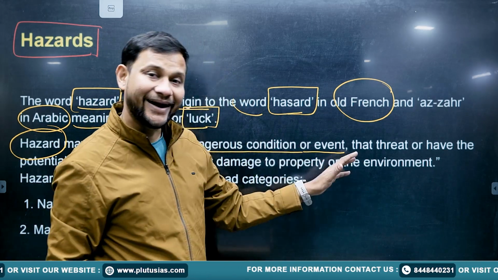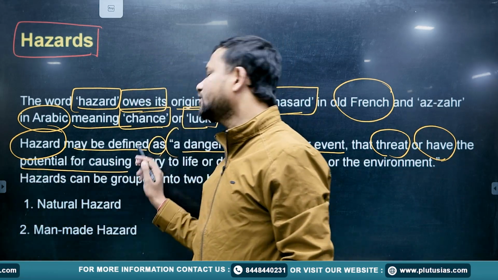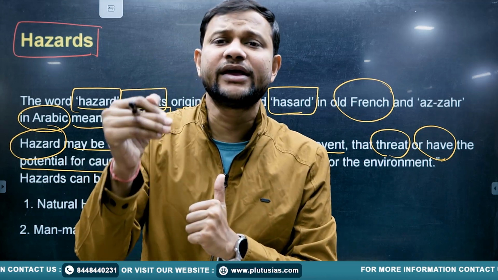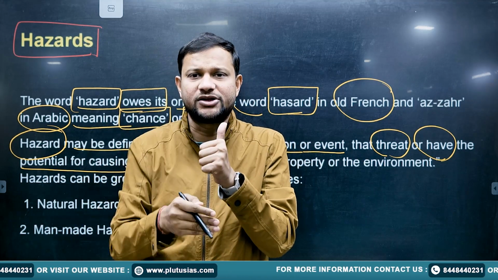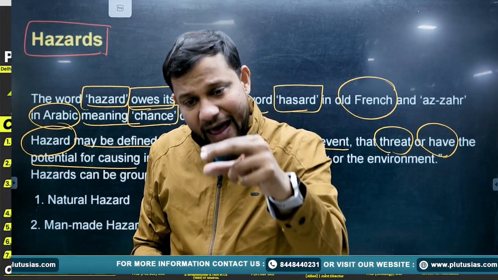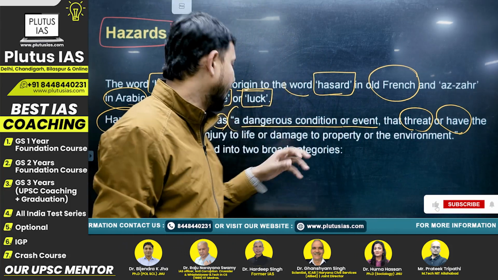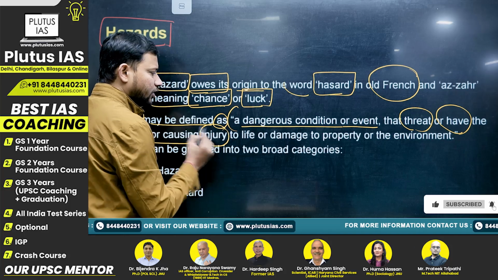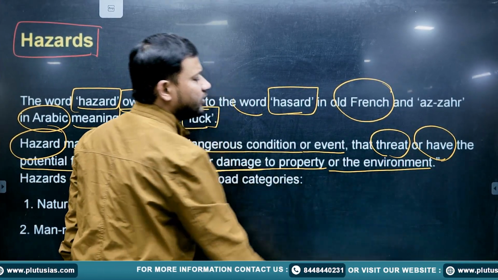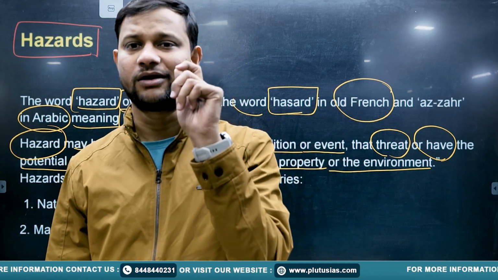Conditions or events that threaten or have the potential for causing injury to life or damage to property or the environment. It is a threat, creating a threat. It is not actually leading to damage. It has not led to significant damage as of now, but it has the potential to lead to damage when it realizes on the ground.